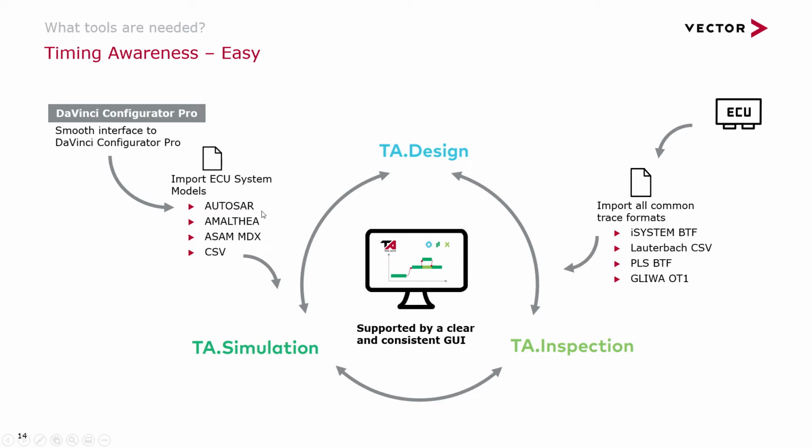If you are using the DaVinci configurator, it's even easier. Then you don't need to search for the AUTOSAR files yourself, because you only need to tell the TA tool suite where to find the DPA file, so the DaVinci configurator project, and we will then know which files to import. This is enough for the static view in the design.